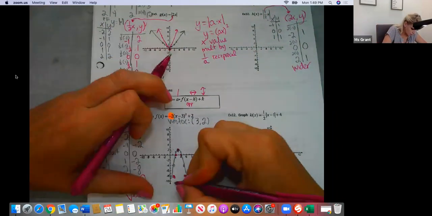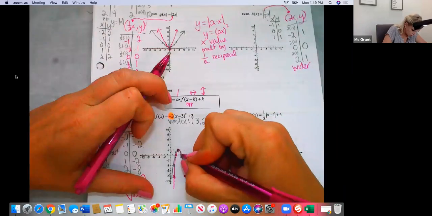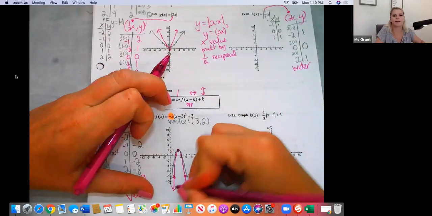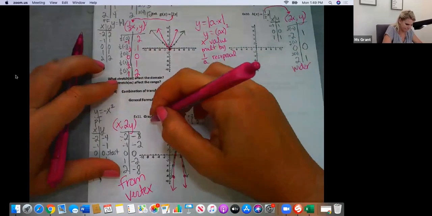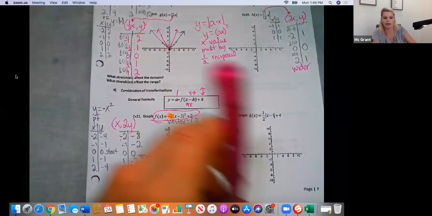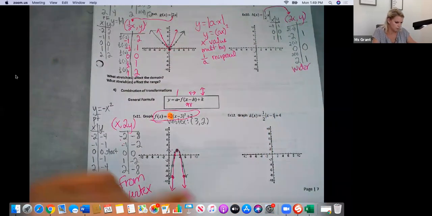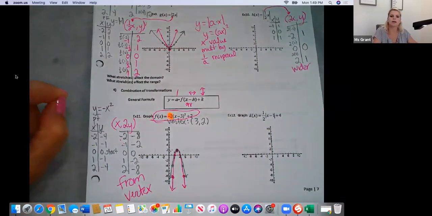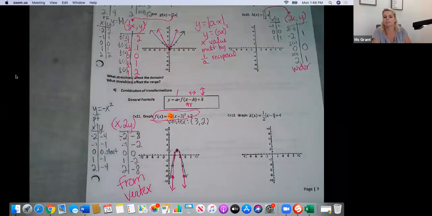So I'm gonna go, and there is my transformed f of x equals negative 2 times the quantity x minus 3 squared plus 2 with an h and a k and an a.